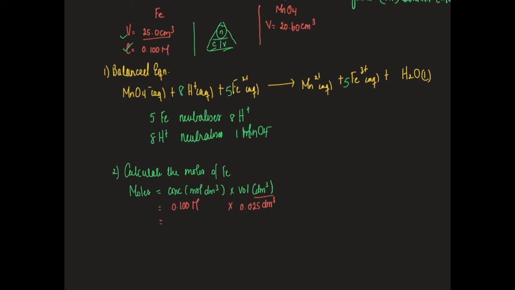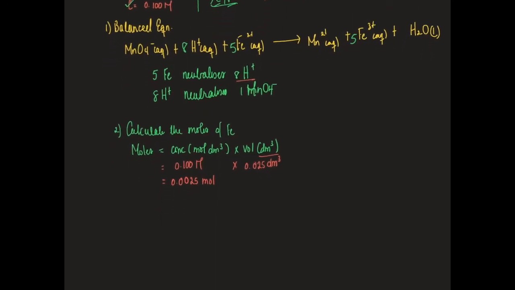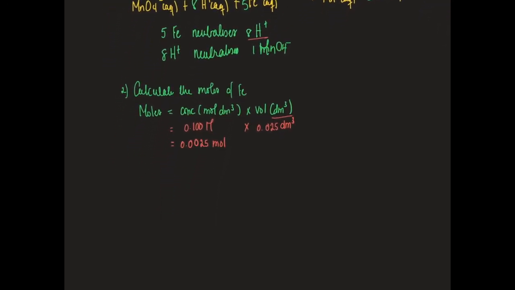And that leaves us with the number of moles. So now that we have the moles of iron, we can move on to finding the moles of sulfuric acid. So we're just going to move that up here.